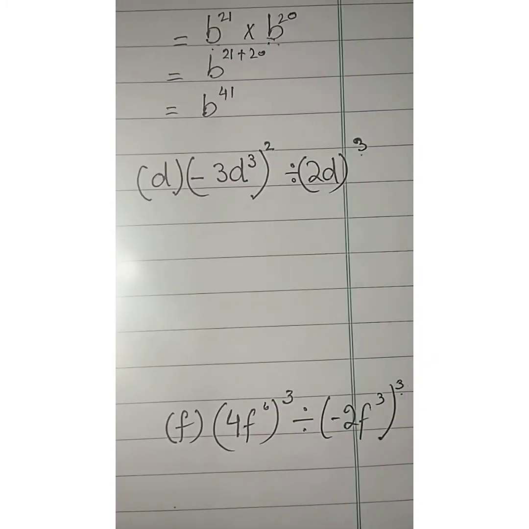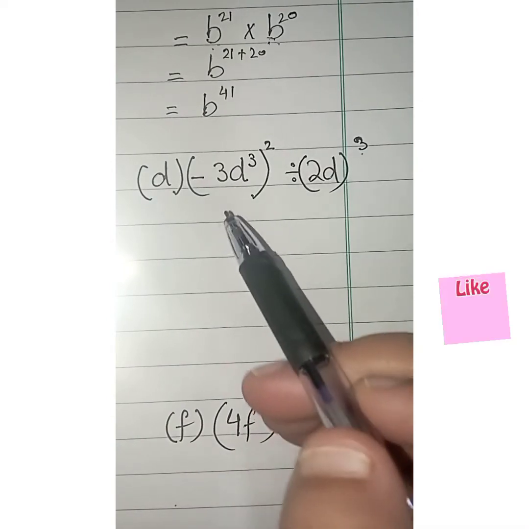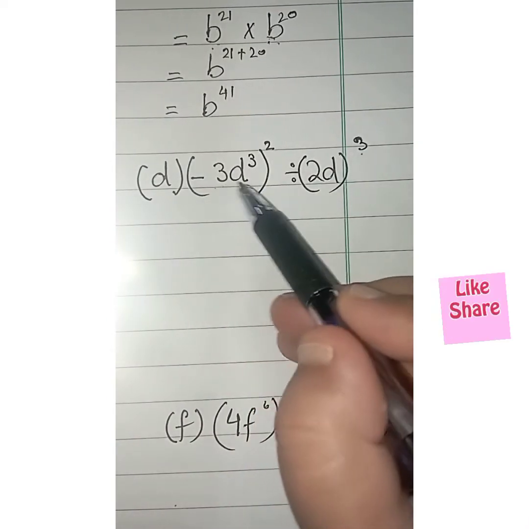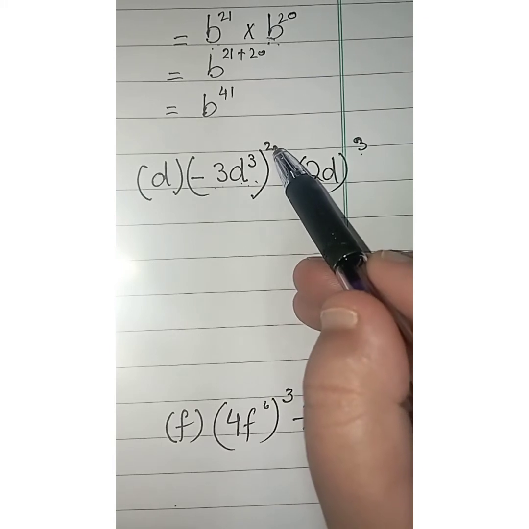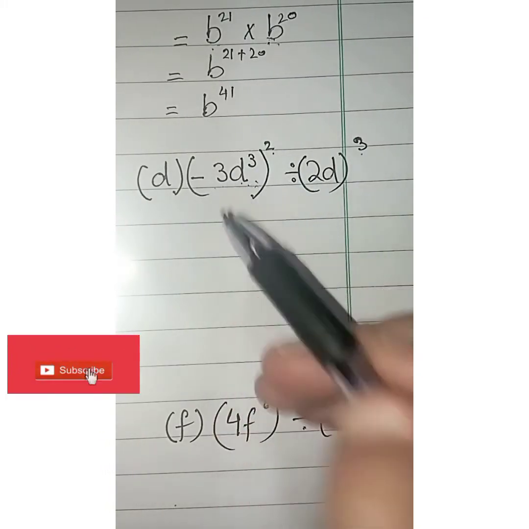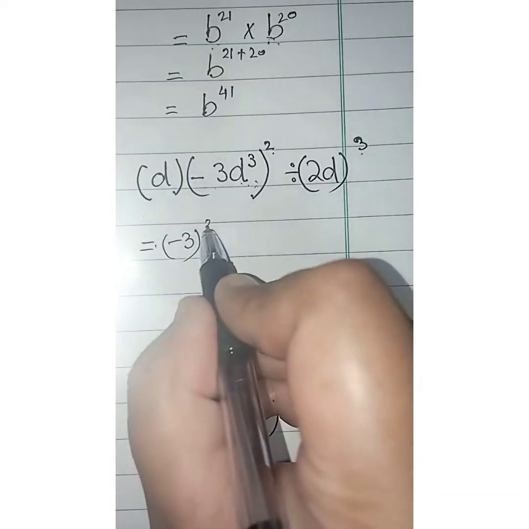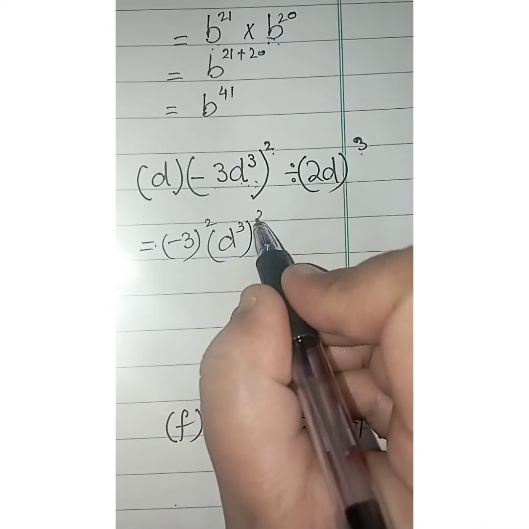Now part D, we have got the power of power rule along with another rule, in which there are two different bases inside a bracket and there is a power outside. So we first apply the power to all the elements inside the bracket and it will become minus 3 squared and D cubed squared.